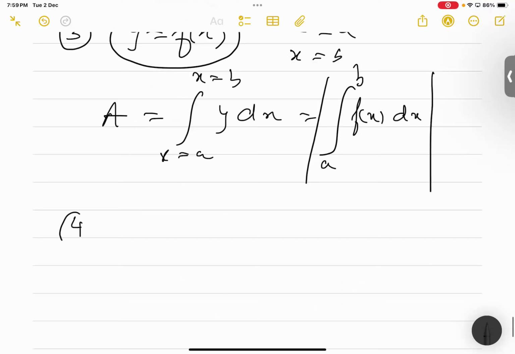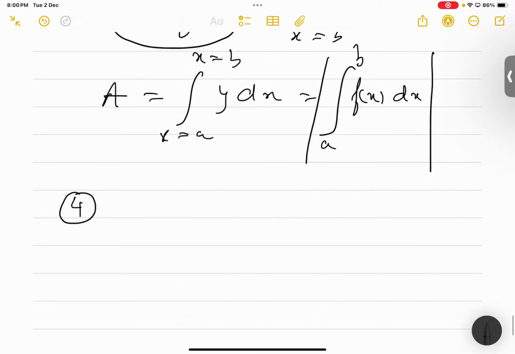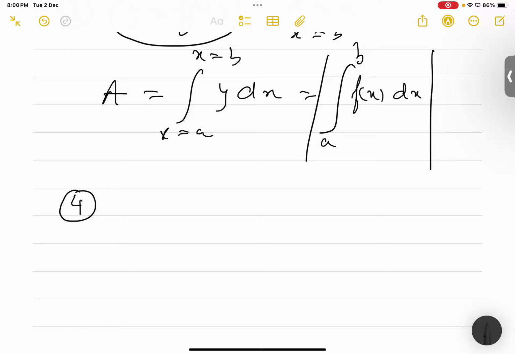Fourth one, true or false? If the curve under consideration is below the x-axis, okay, and the area bounded by the curve, x-axis and lines x is equal to a, x is equal to b is positive, then the area is positive. What is the answer given behind as per the new textbook? False, na? Take it as false. As per my understanding as a teacher, area cannot be negative.